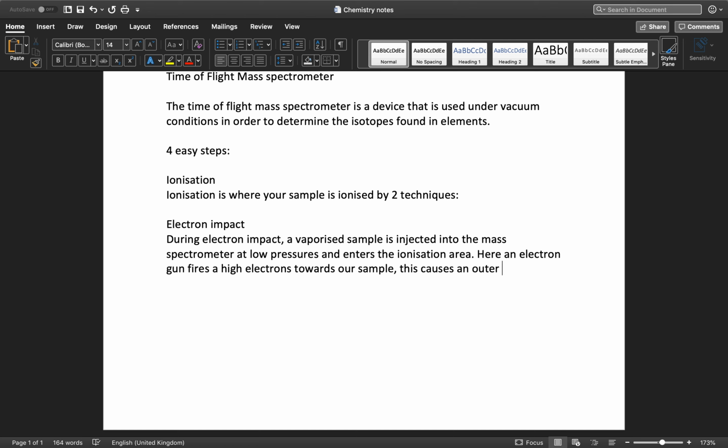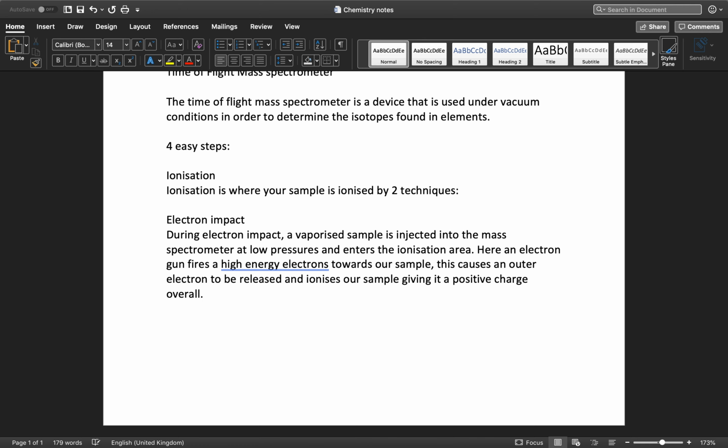This ionizes our sample, giving it a positive charge overall.